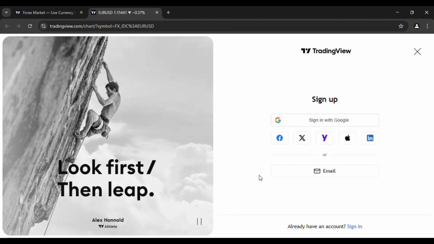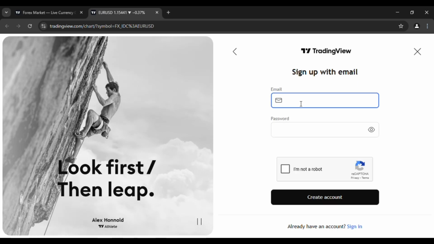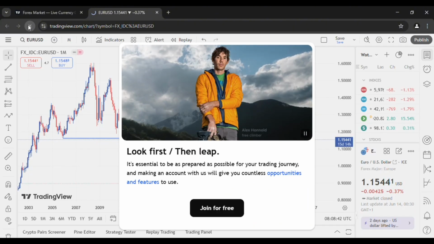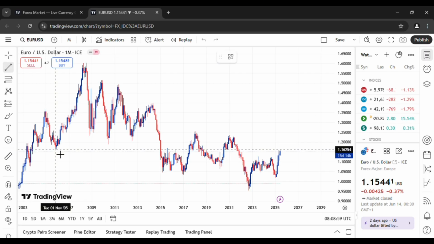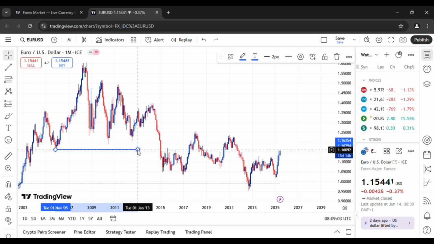So as you can see on Euro USD, we established that price is moving from a range of lower low to lower high. So now we are at this point.